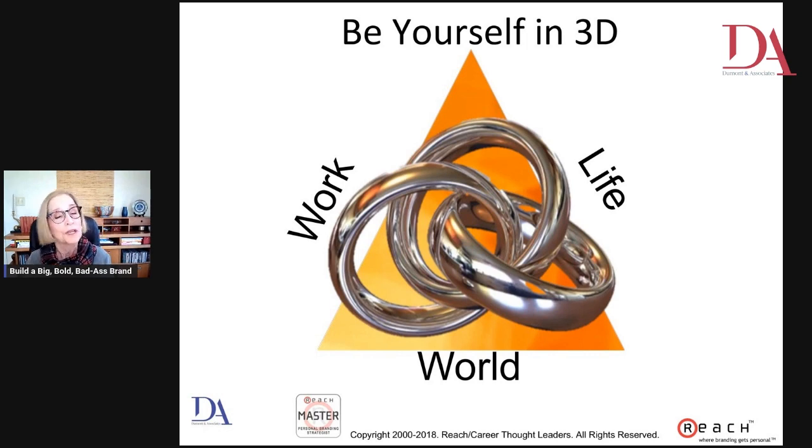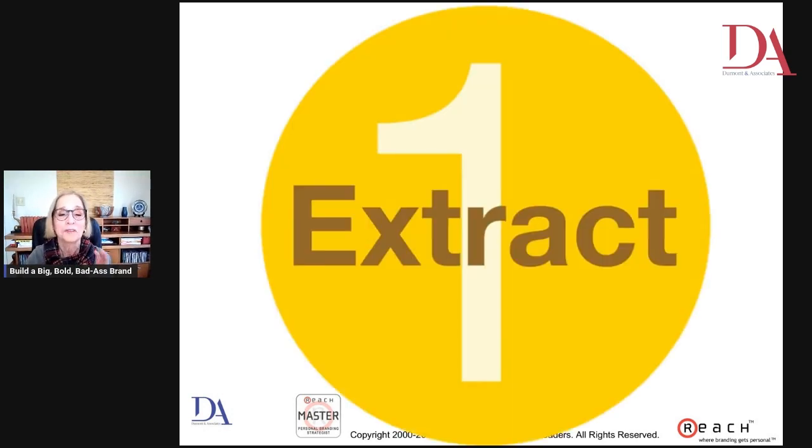And if as a kid you were like me, well, maybe you weren't, I hope you weren't, but if you were, you probably told a few fibs. And the thing about telling a fib is that once you tell it once, you have to remember it forever, because people will catch you at it. So be yourself in 3 dimensions.